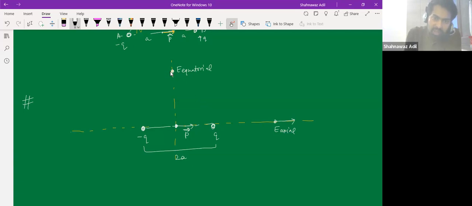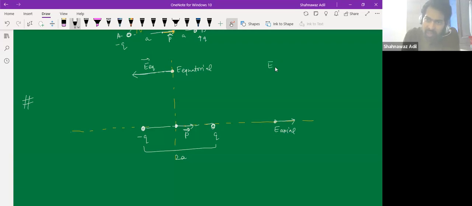We just saw that this was the direction of the electric field, right? So we saw that at the equatorial point it was against the direction of the dipole moment, and at the axial point it was in the direction of the dipole.